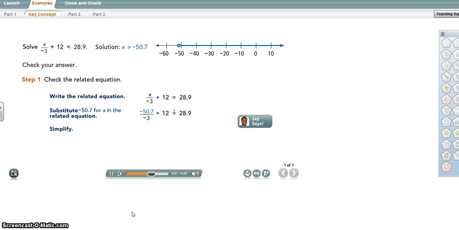Now simplify. Add. The solution to the related equation checks.